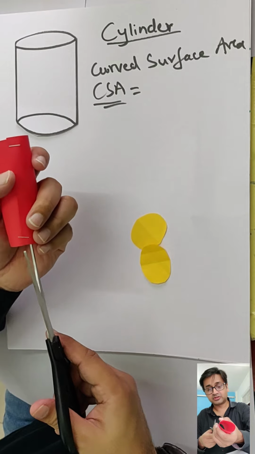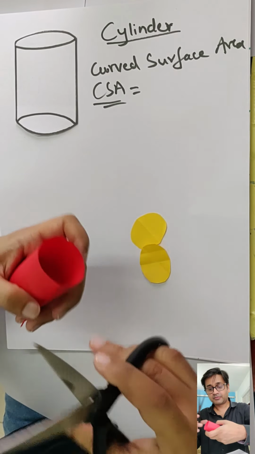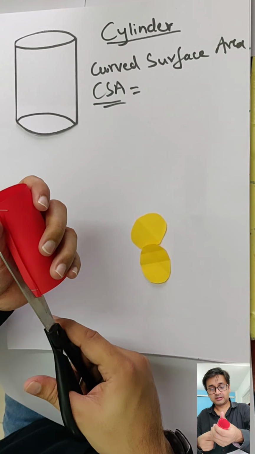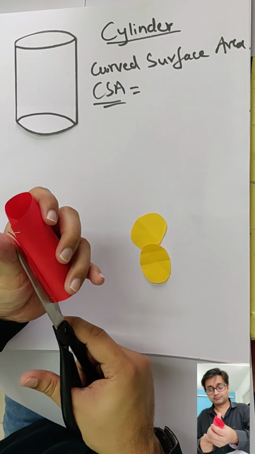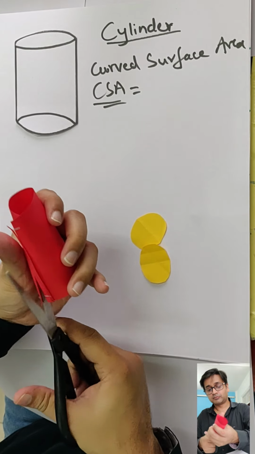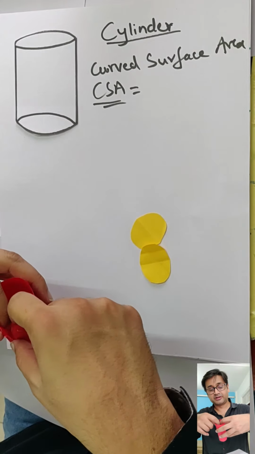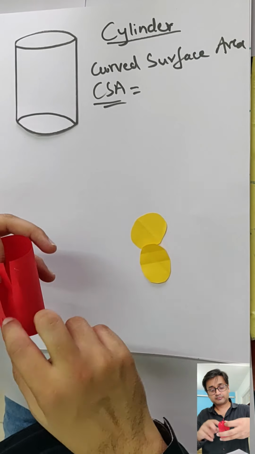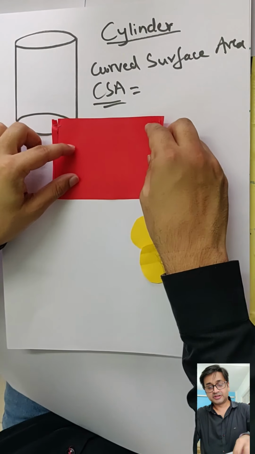So I'm opening the first side and the second side. There you go. So I'm opening this and you tell me what shape did it become. Can you see?